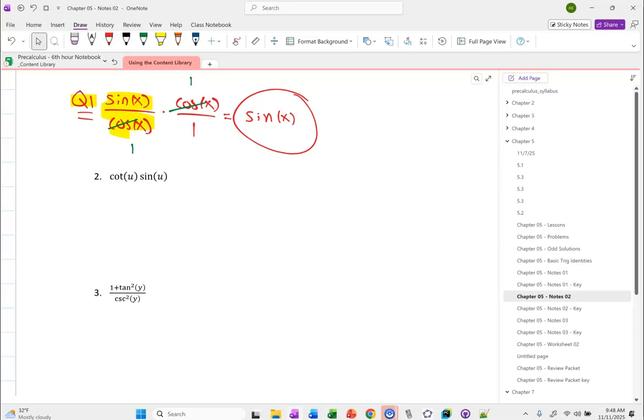Perfect, yes. Exactly what we want to do. And again, I'm going to write the sine u as sine u over 1.